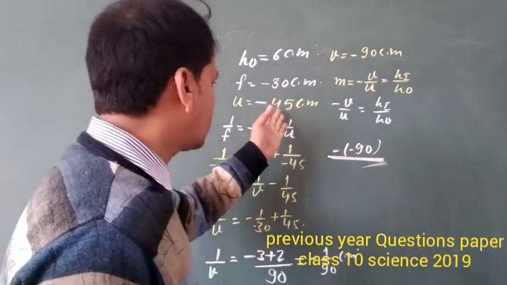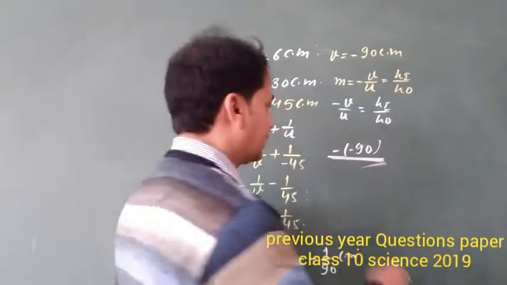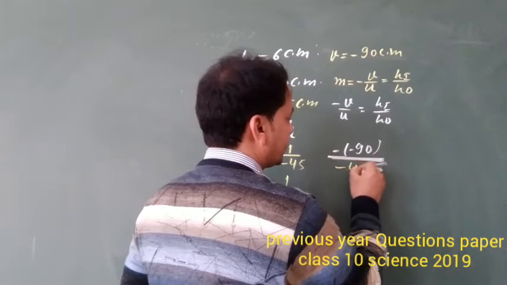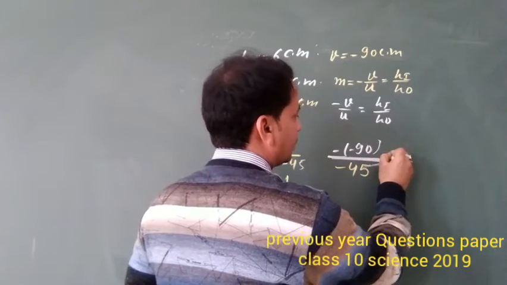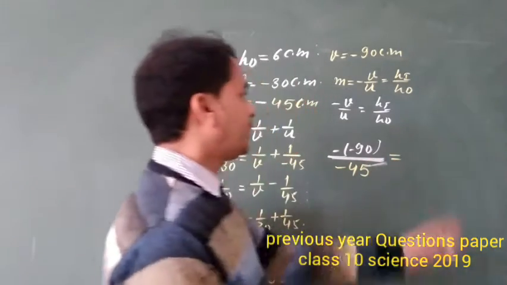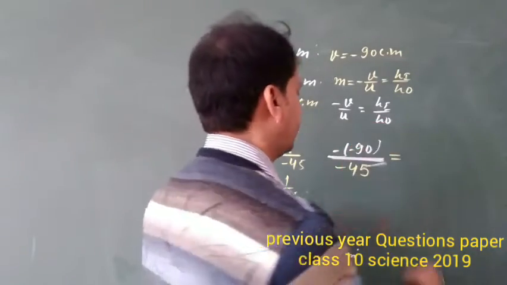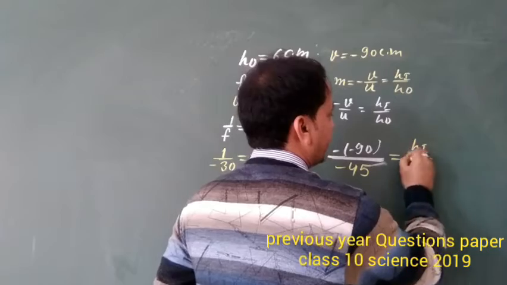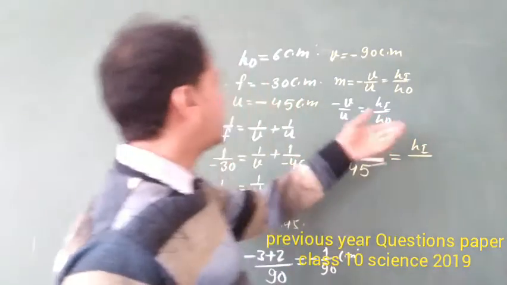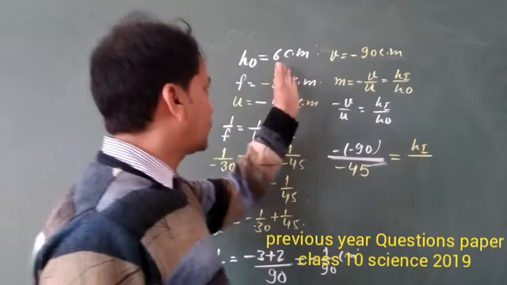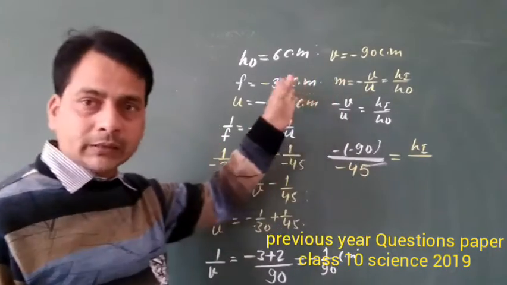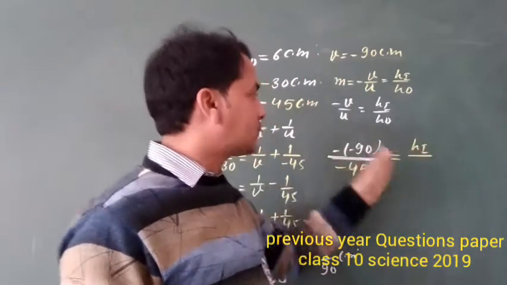Object distance is also given, minus 45 centimeter. Then minus 45 equals height of image by height of the object, and the height of the object is also given in this question, that is 6 centimeter. Then put the value of 6 centimeter.